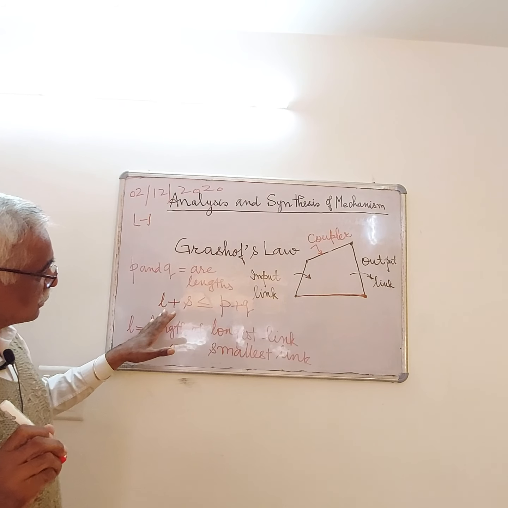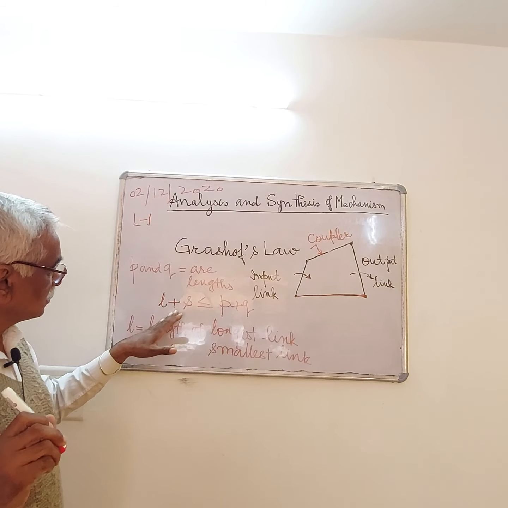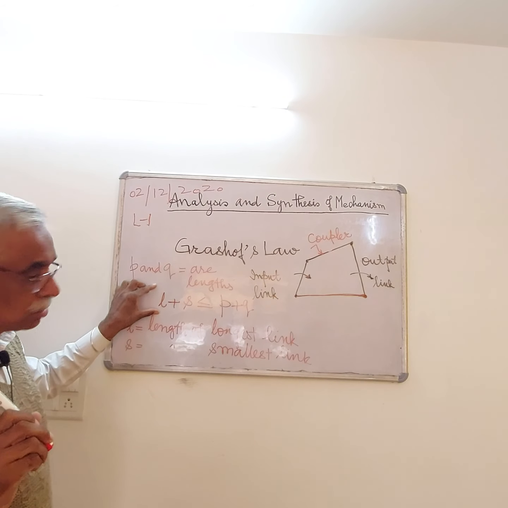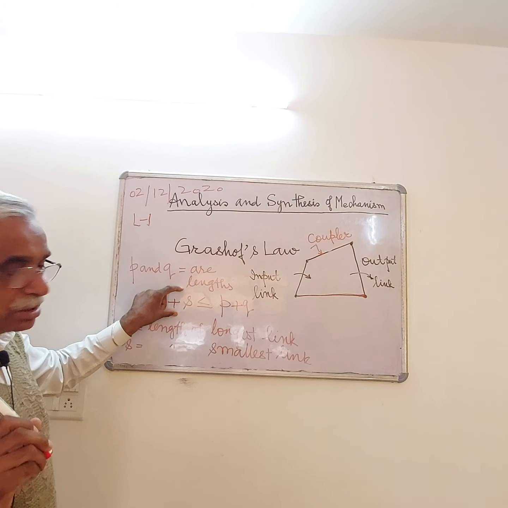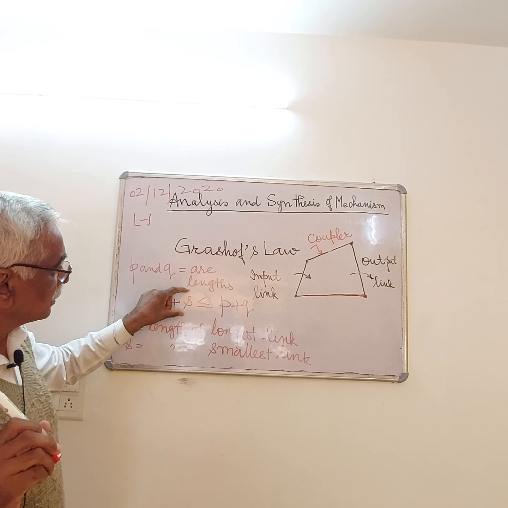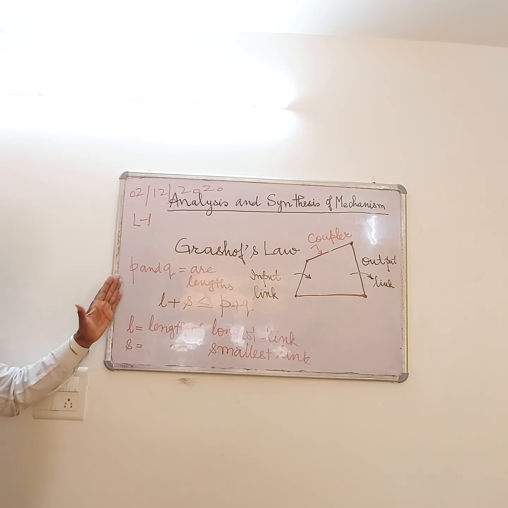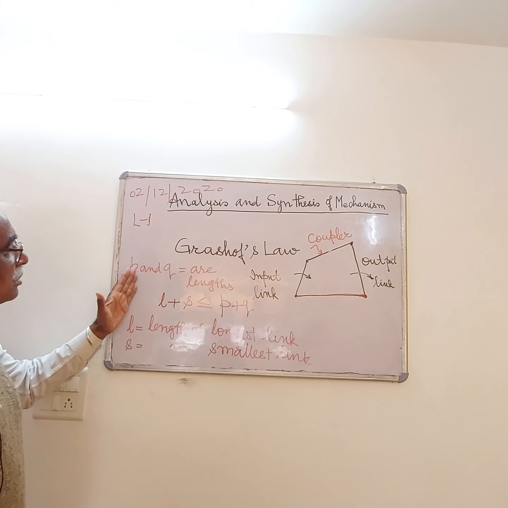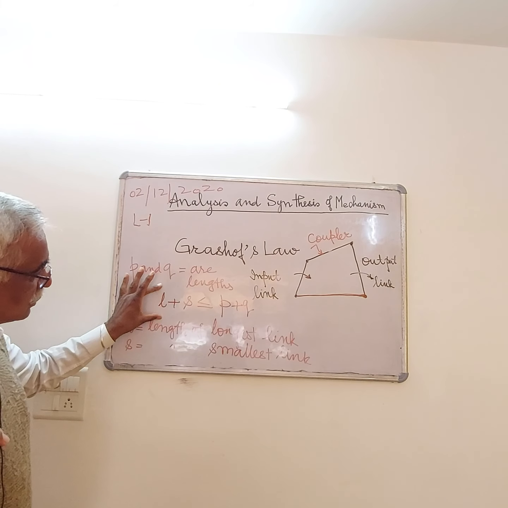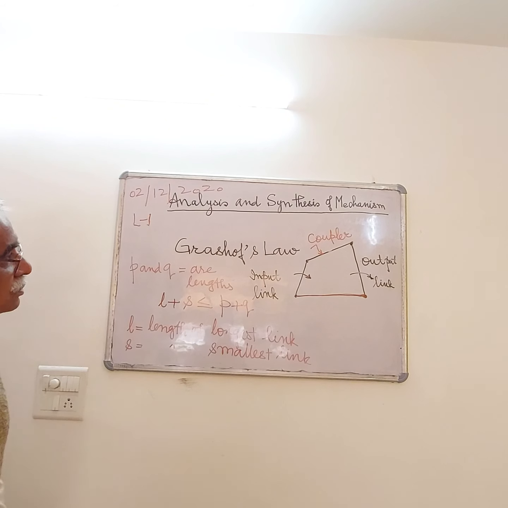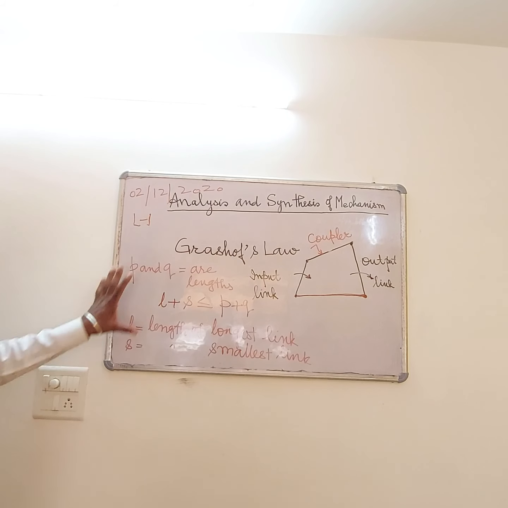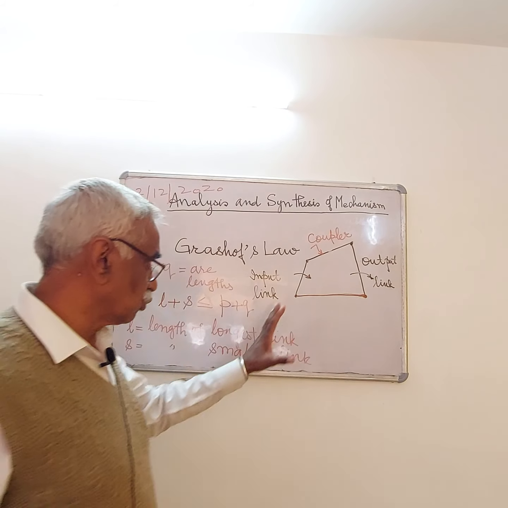If this condition is satisfied, that is, the sum of the length of the longest link plus the length of the shortest link is less than or equal to P plus Q, the sum of the lengths of the remaining two links, then the linkage is known as Grashof linkage.